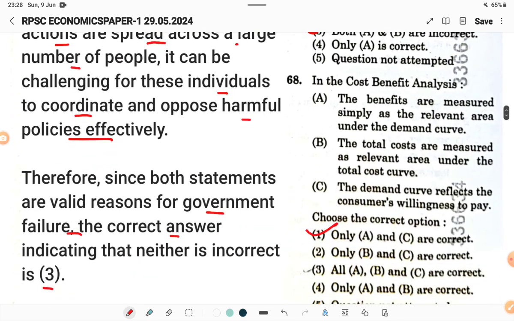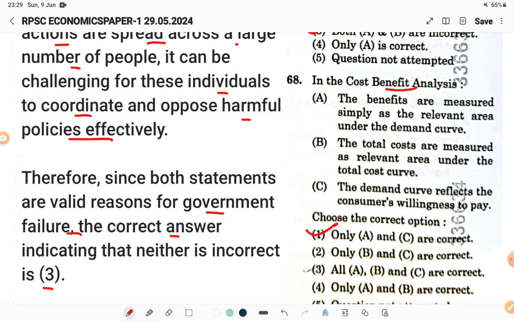Now the next question is on cost benefit analysis. Statement A: the benefits are measured simply as the relevant area under the demand curve. This is correct because the area under the demand curve represents the total willingness to pay for the good or service, which is a measure of the benefits.